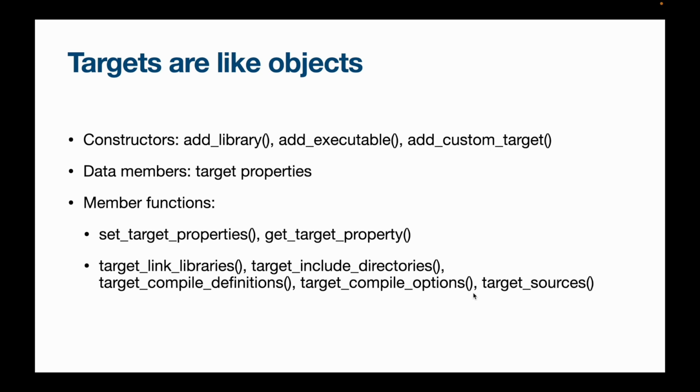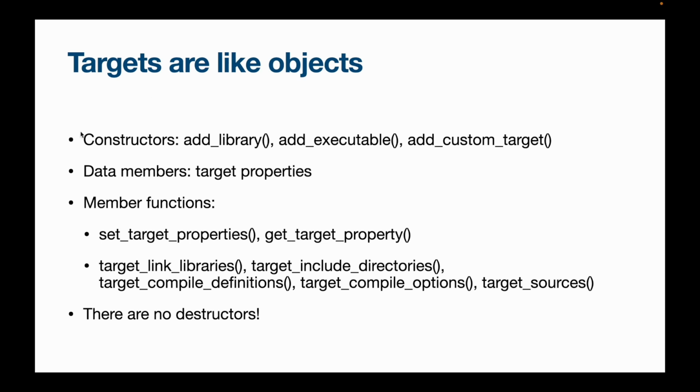But what every single one of these commands does internally is basically call set target properties. It basically manipulates properties of whatever target you are working on. And there are no destructors. Targets in CMake, once they have been created, they cannot be destroyed.